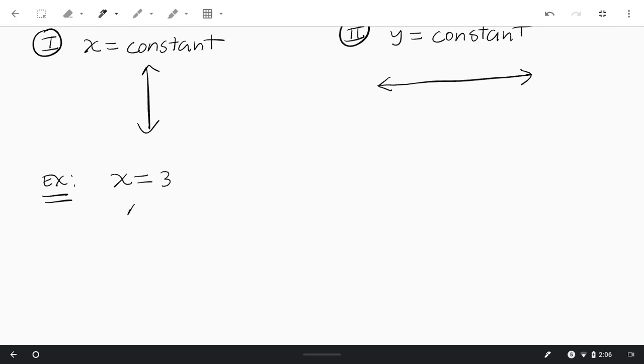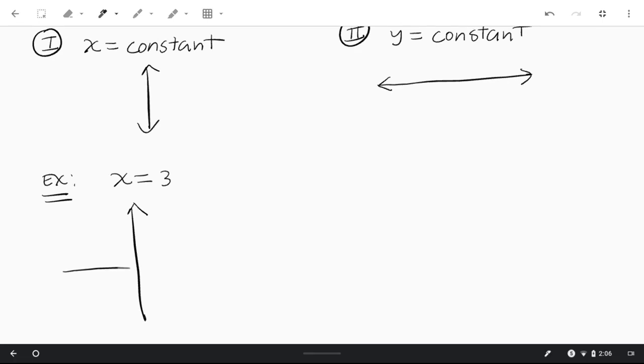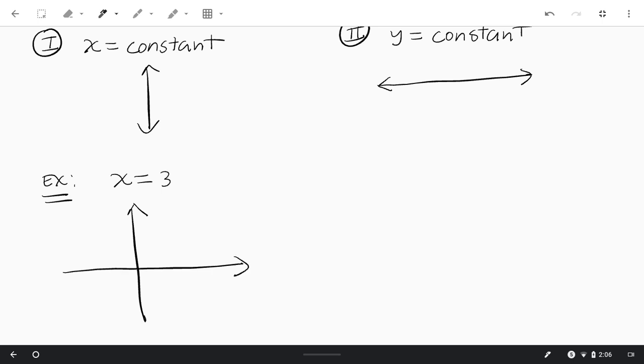So when you graph this, 1, 2, 3, 4, right here at x equals 3, that's where your vertical line is going to be. And that's all you do.